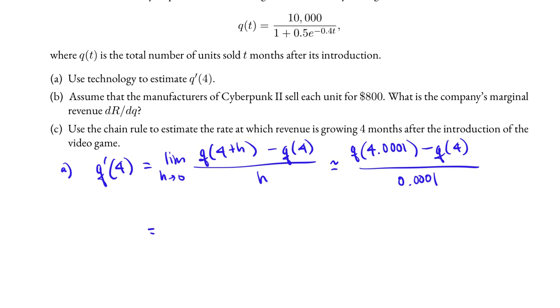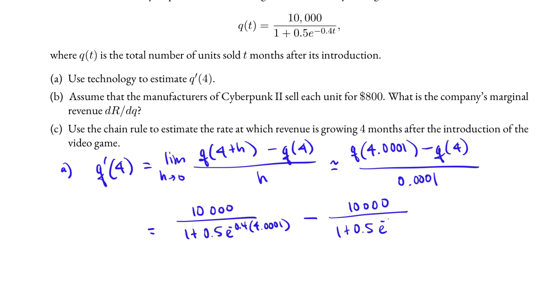Q(4.0001) is 10,000 / (1 + 0.5e^(-0.4 t)), where we replace t with 4.0001, minus Q(4), which is 10,000 / (1 + 0.5e^(-0.4 t)), where we replace t with 4.